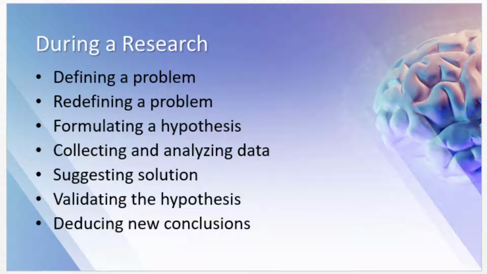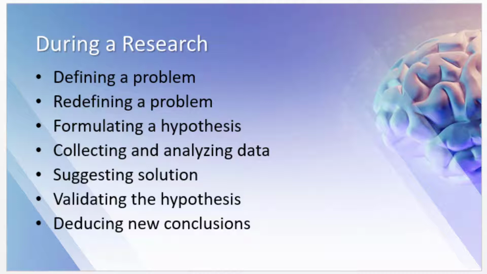During a research project, we are about to perform some specific tasks. For example, before we start a research project, we need to define the problem that we are going to address. If the problem is not clear, we don't know what to research and which type of data we should collect. So, one thing that can help us to determine the objective and the aim of our research is the problem that we are dealing with.